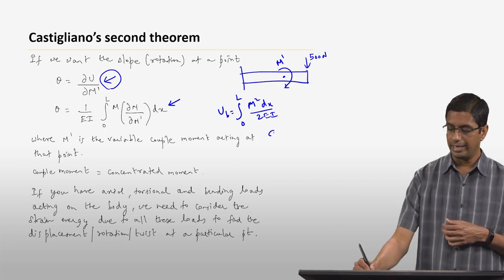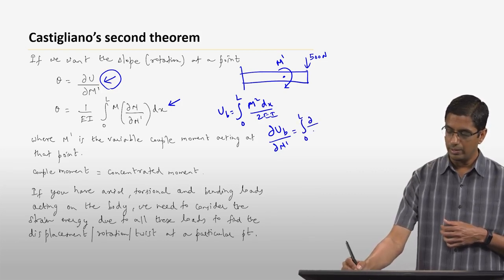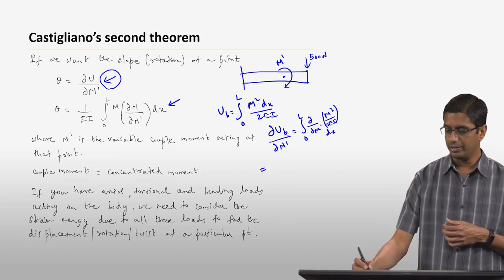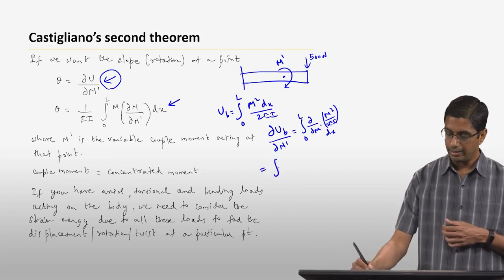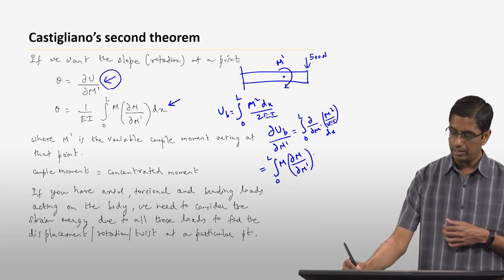Okay, so when you take del u bending over del m prime, that essentially becomes the integral of 0 to L del over del m prime times m squared by 2EI times dx, and that essentially turns out to be integral from 0 to L m times del m over del m prime dx over EI.